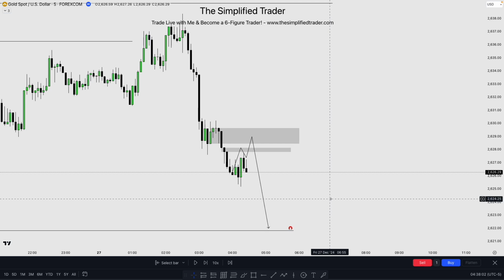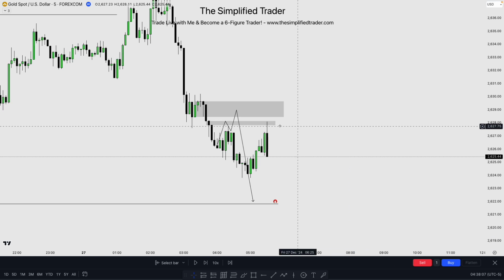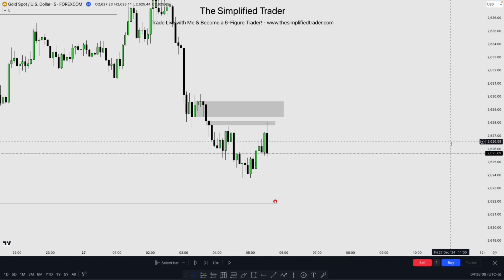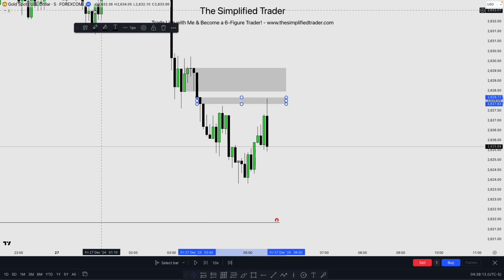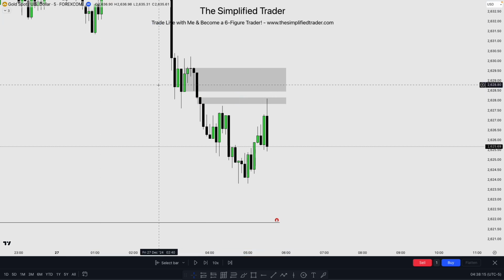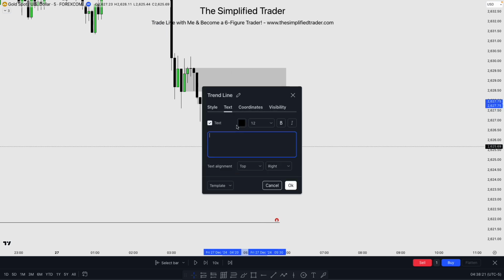Do we get that? There we do. What do we get here? So here we trade into this fair value gap. I can go ahead and mark that as a fair value gap. We run liquidity, which is known as a turtle soup.